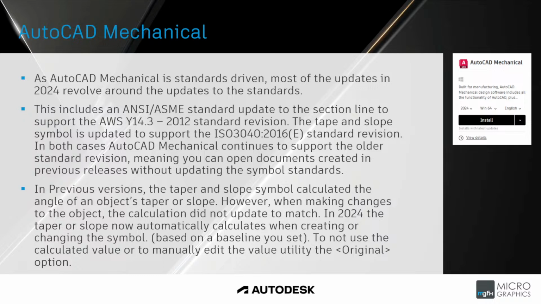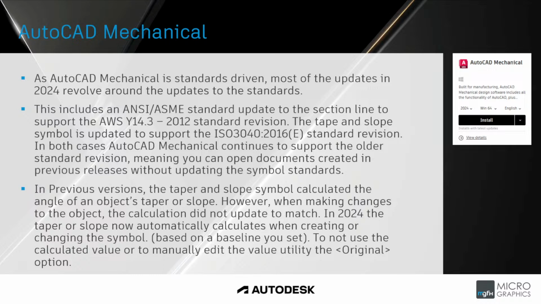AutoCAD Mechanical. As AutoCAD Mechanical is standard driven, most of the updates in 2024 revolve around updates to the standards. This includes an ANSI and ASME standard update to the section line to support the AWS Y14.3 2012 standard revision.